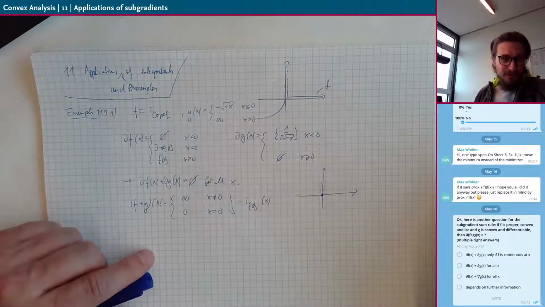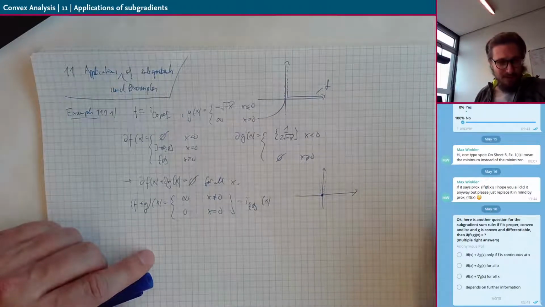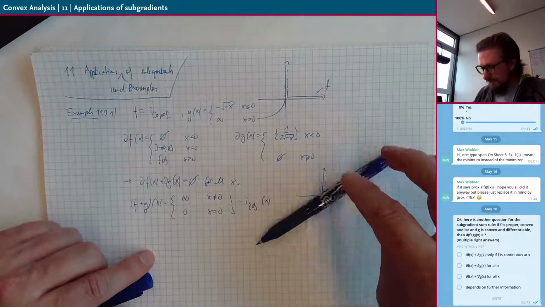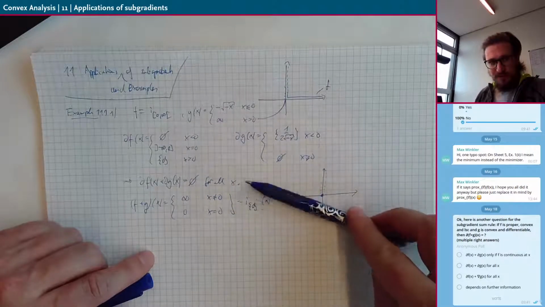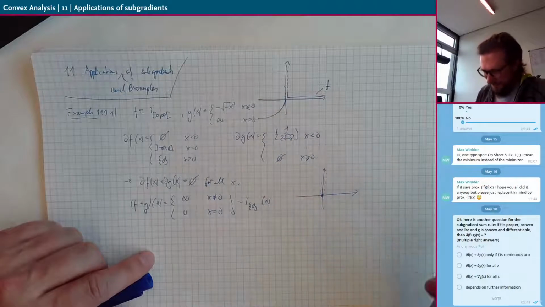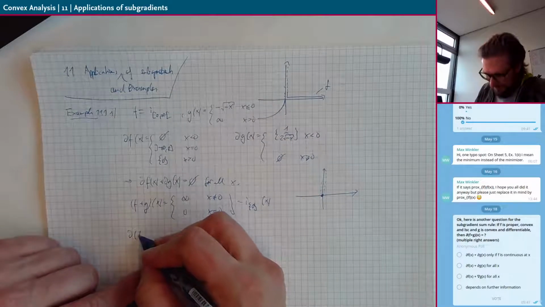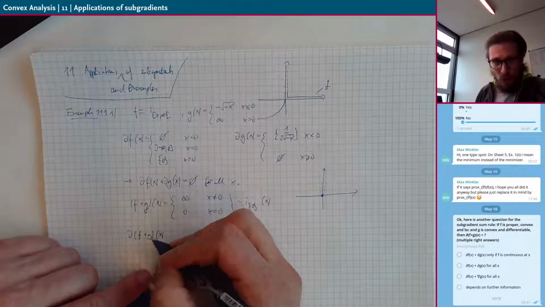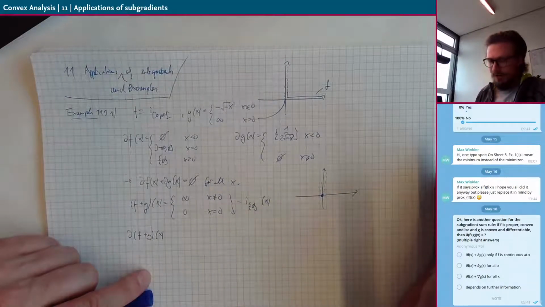And then it's very simple to see what the subgradient of that is. It's all slopes which fit under the graph. The graph is actually just this single point, so the subgradient of the sum is very, very large, because all slopes fit under the graph.